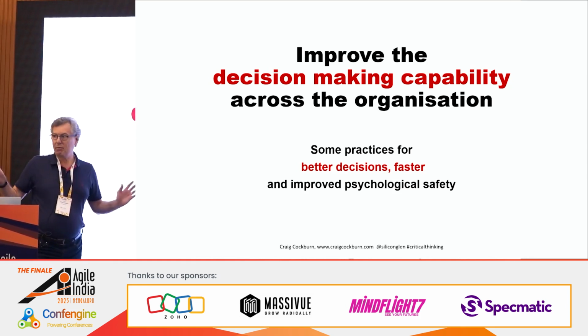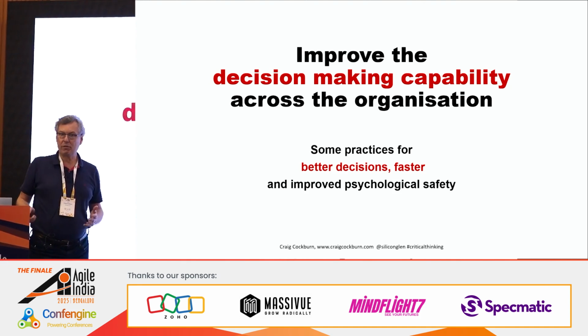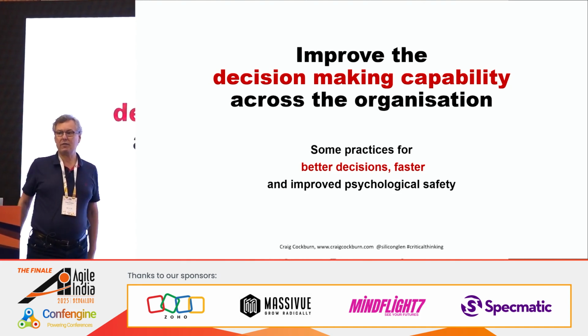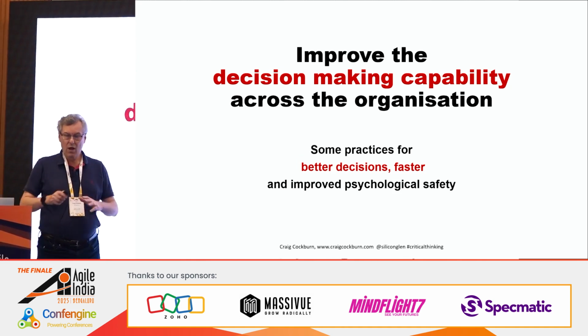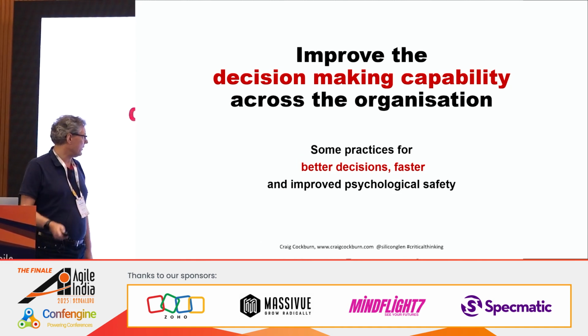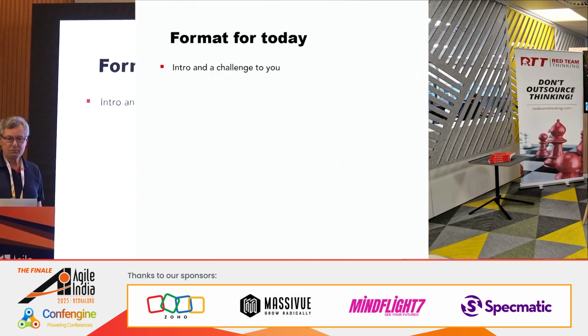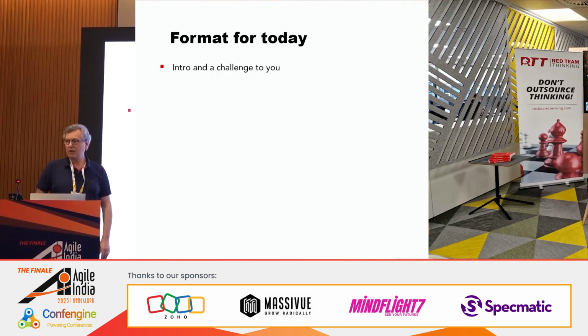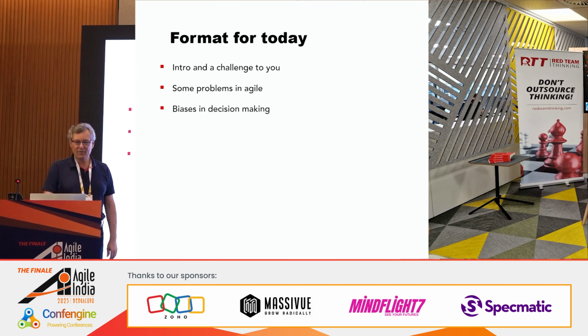But this is perhaps a new practice for many of you. It's critical thinking, and the brand is Red Team Thinking, which has a long history I will speak about and introduce. Here's the format for today. I'm going to get you doing an activity right away, and a challenge to you, then talk about some problems in Agile, referencing Scott's fabulous talk earlier, which will feature prominently.